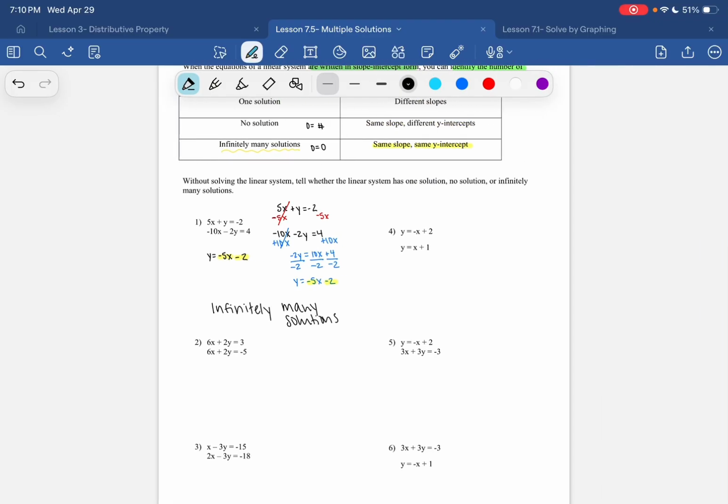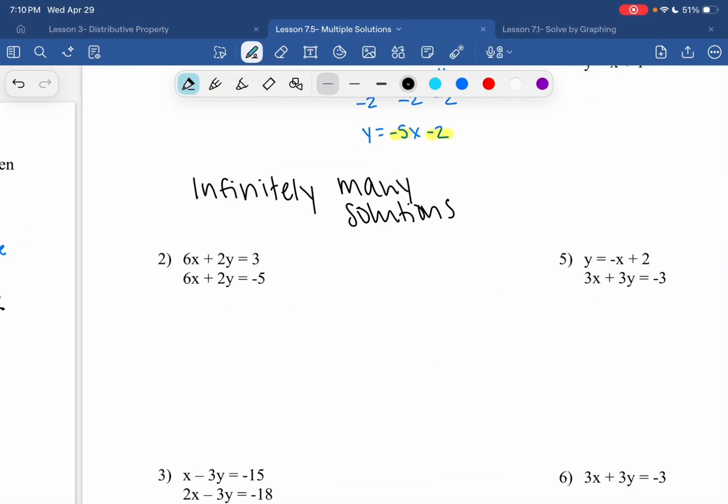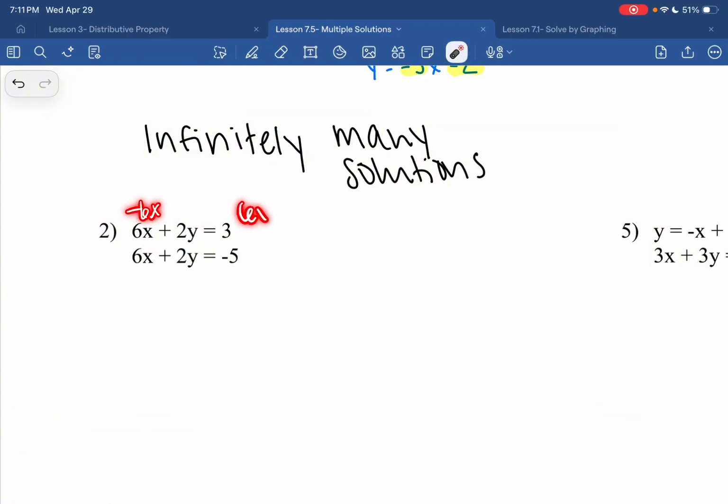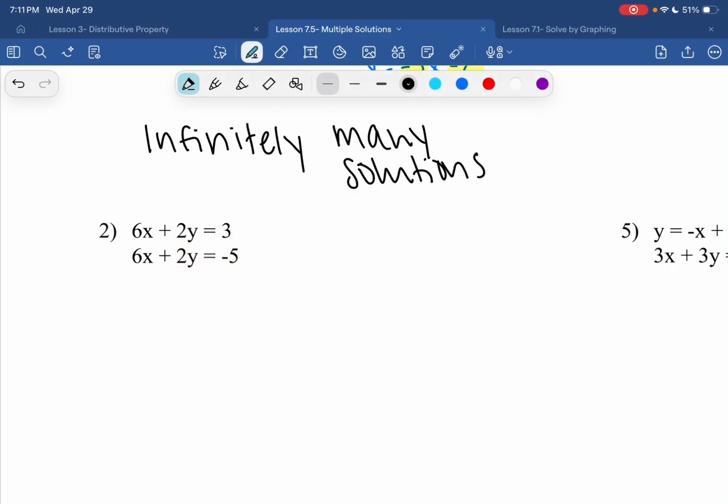Okay, let's do another one. So we're going to put both of these equations into slope-intercept form, y equals mx plus b. It looks like we're going to have to do the same thing to both. We're going to have to subtract 6x from both of them, and then divide by 2. So let's do the first one. I'll do the first one in red.